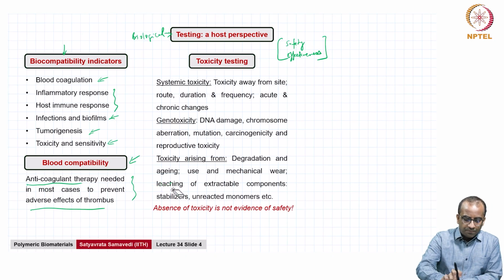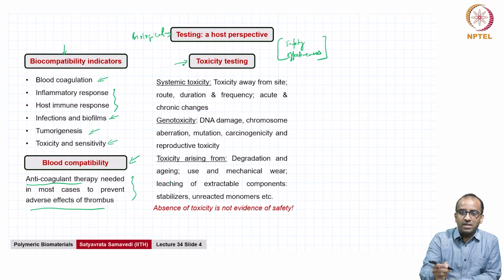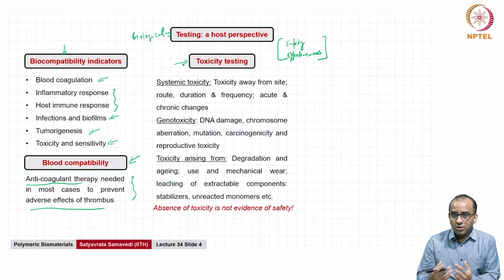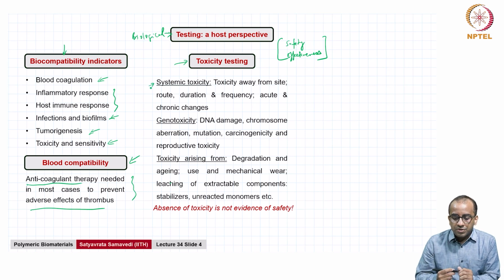The other aspect to testing includes toxicity testing. Now, toxicity can be of different types, and we have just listed some aspects here just to give you a taste of what toxicity testing involves. The first one is systemic toxicity, which is you are going to implant a biomedical device in a certain region or site in the body.